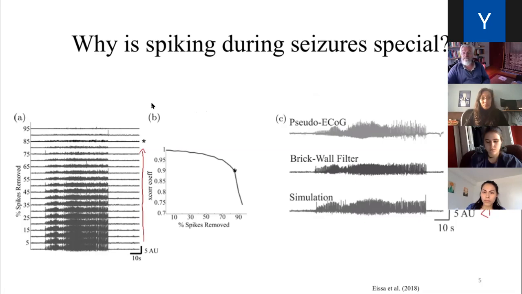Any others? I actually have a question on that same figure as well, specifically panel B. So you removed each of the spikes until the correlation drops significantly. Is that the right way to interpret it? Correct. So what we were really doing is saying, of my total spikes, let me take away a certain percentage. Randomly pick whichever ones you want, but remove a certain percentage.